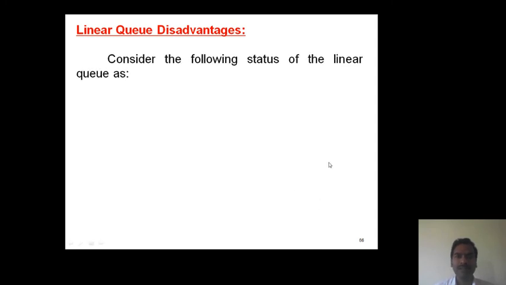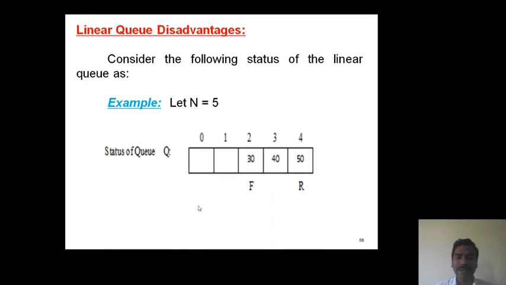Now observe the status of the queue, where N equals 5. That means the size of the queue is 5, so it consists of 5 locations. At one particular stage, the status of the queue is as shown here: 30, 40, 50, these 3 elements are available. R reaches the N minus 1th location of the array.